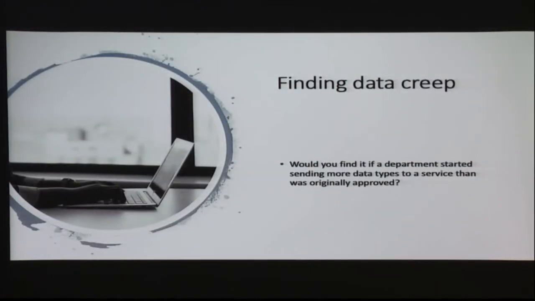One of the things that I don't have a good answer for, but doing annual reviews can help drive you towards, is finding data creep. I onboard a vendor. We're not sending anything particularly sensitive to it. I don't pay any attention to it for a year. It's just silently running. People go, oh, hey, that tool that we already have in place can also do this really cool other thing. And they start doing it without telling you.